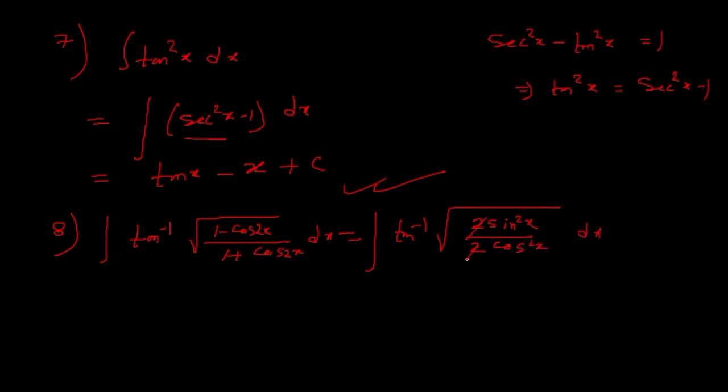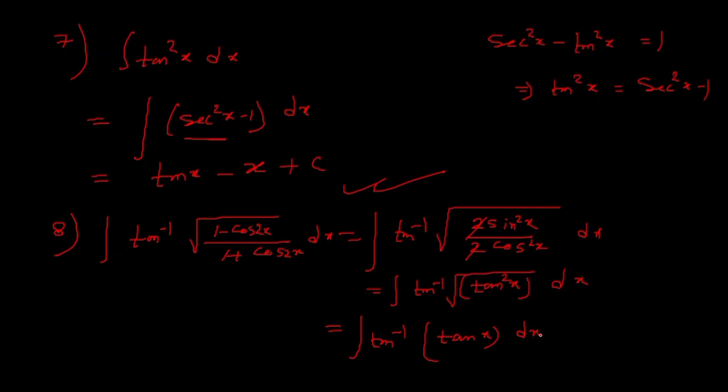So that will be sin square x by cos square x, that is tan square x, root over of tan square x dx, and tan inverse root over of tan square x is nothing but tan inverse tan x, which is x.